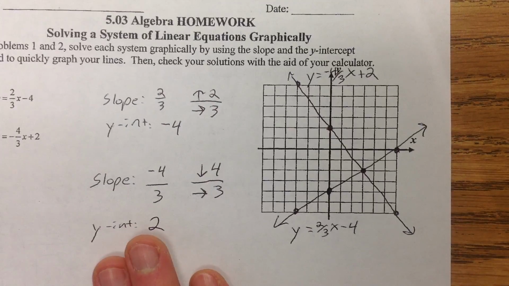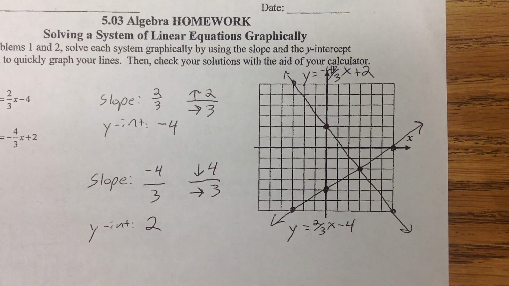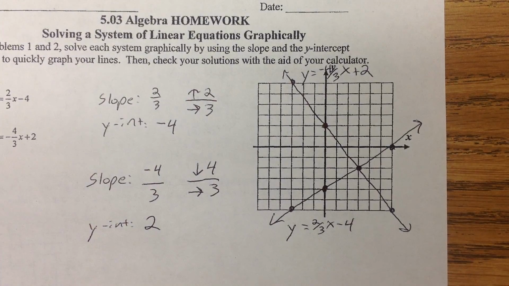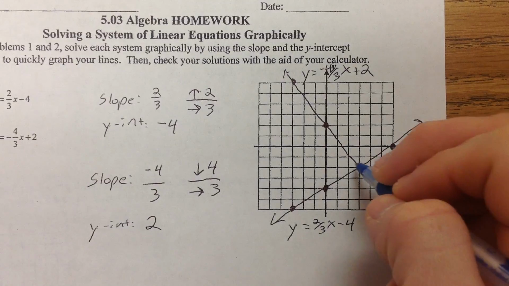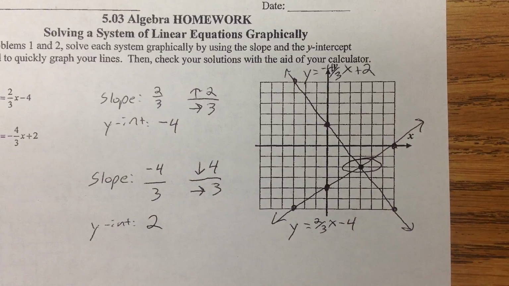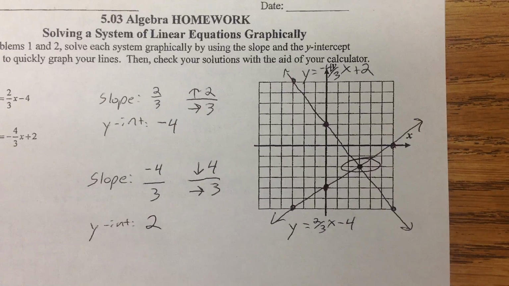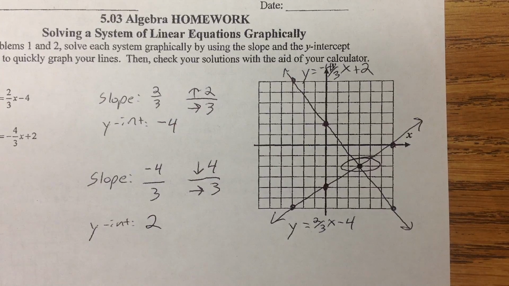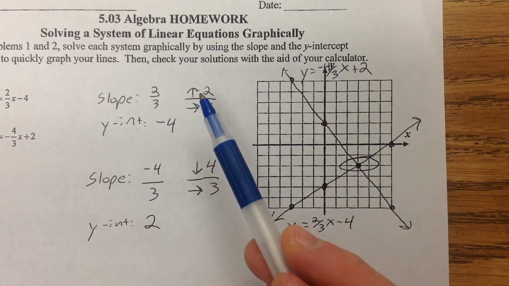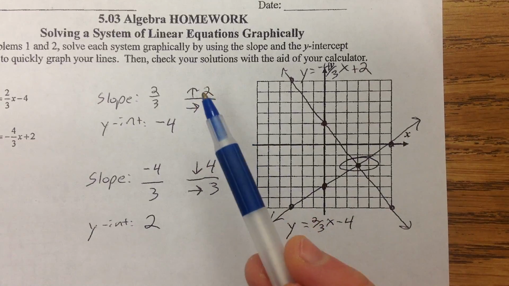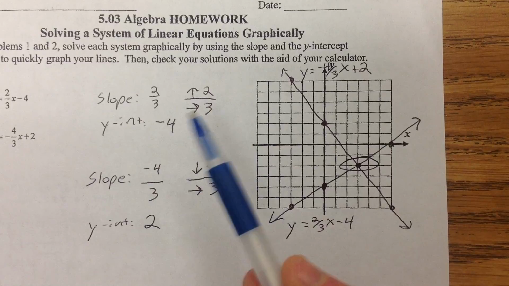And what I see is I have my two lines that sort of intersect here. I'm not done with the problem. All right? The whole point of making these graphs was to find the point where they intersect. So I actually have to state what this point is. Now, this is the part that kids goof up a lot, because when they're doing slope, they're doing the up and down first and the left to right second.